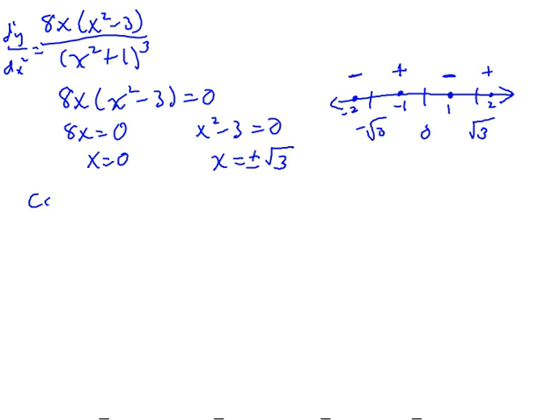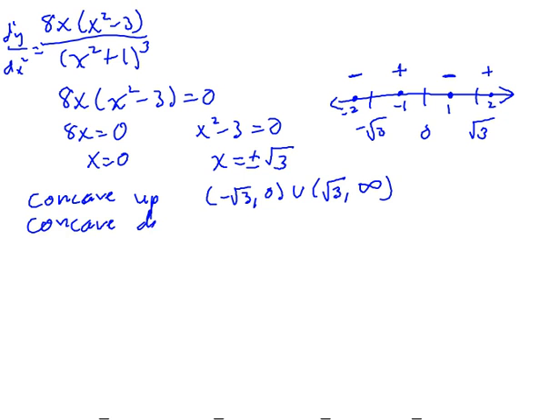So we know that we're concave up from negative square root of 3 to 0, union square root of 3 to infinity. And we're concave down from negative infinity to negative square root of 3, union from 0 to square root of 3.